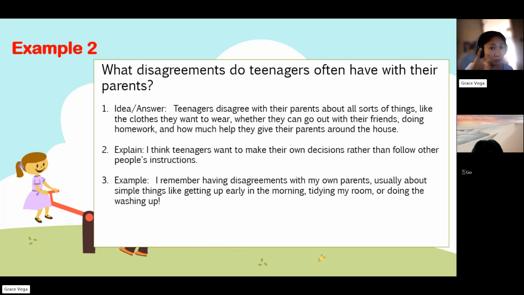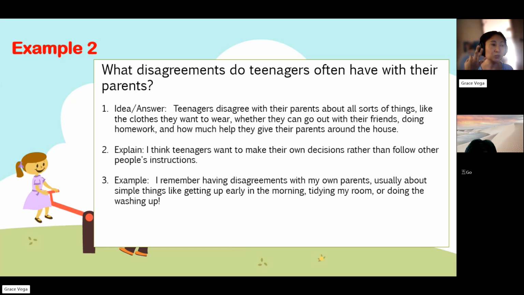Number two would be to explain your answer. So why? Why do you think teenagers disagree with their parents about this sort of thing? The explanation would be, I think teenagers want to make their own decisions rather than follow other people's instructions. That's why they have disagreements with their parents.